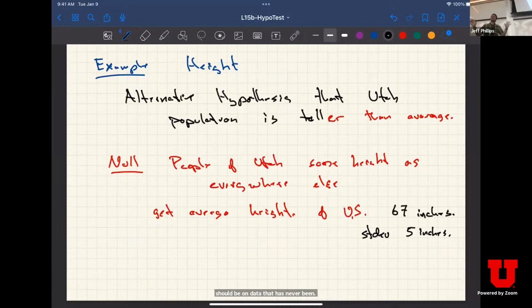In principle, that's how it should work. But if data has already been collected prior, I can use that to form my null hypothesis. And so that's kind of what I'm doing here. In order to have a common sense or worldly knowledge hypothesis about something, there's usually some data involved, right?